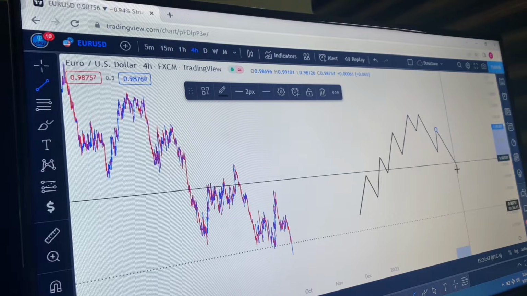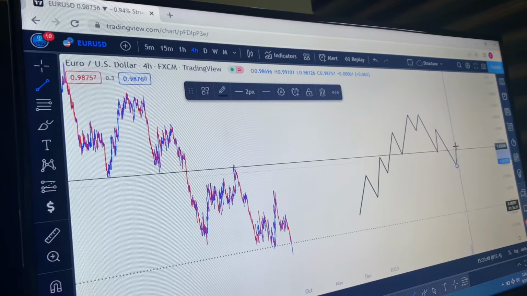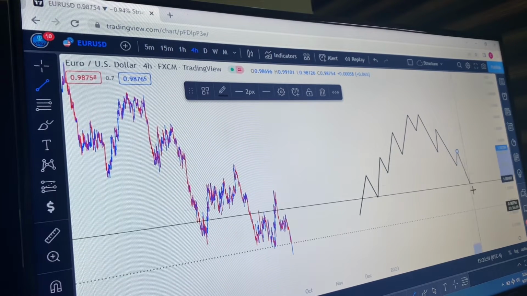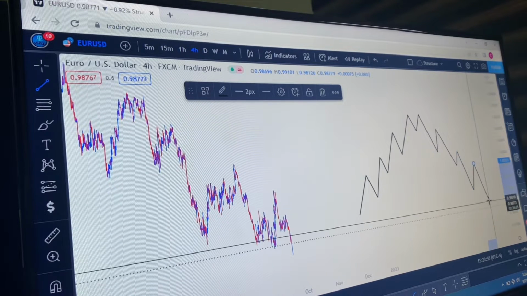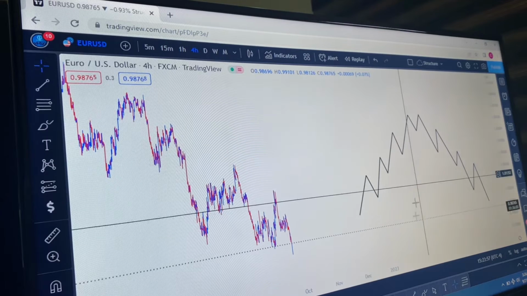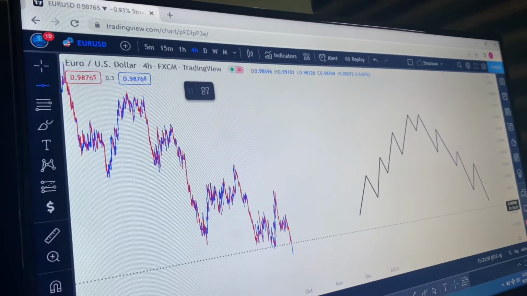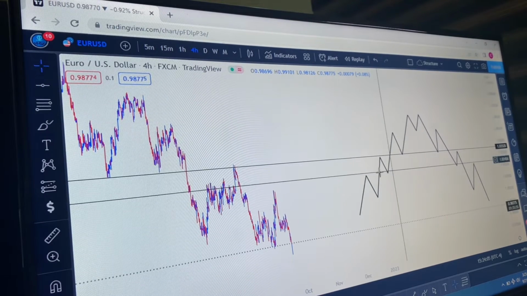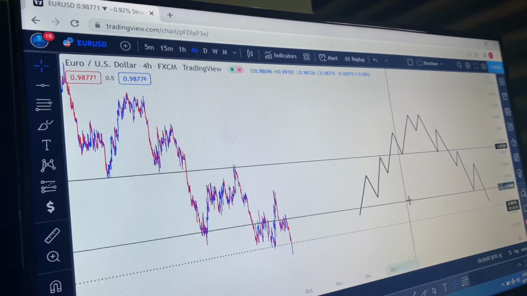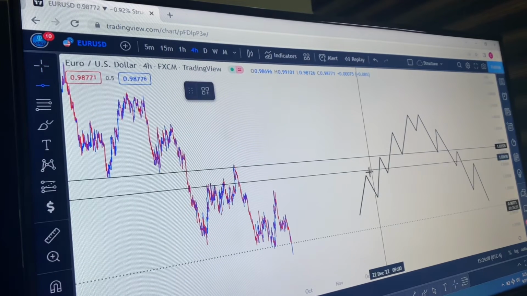We retest, we go down again. We retest and we go down again. We retest and we go down again. So what do I mean by support and resistance here? Here is support and resistance. And let me tell you. Let me put another one.